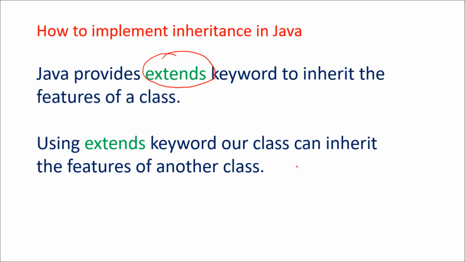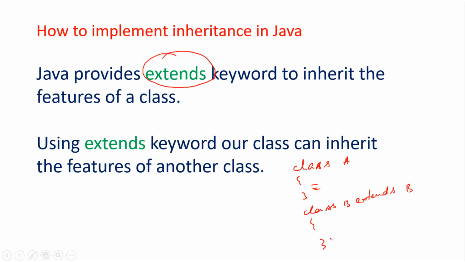Like, say, there is one class here, the class name is A. It contains something, and then there is another class B. Now if class B wants to inherit class A, then it uses extends, like this: B extends A.